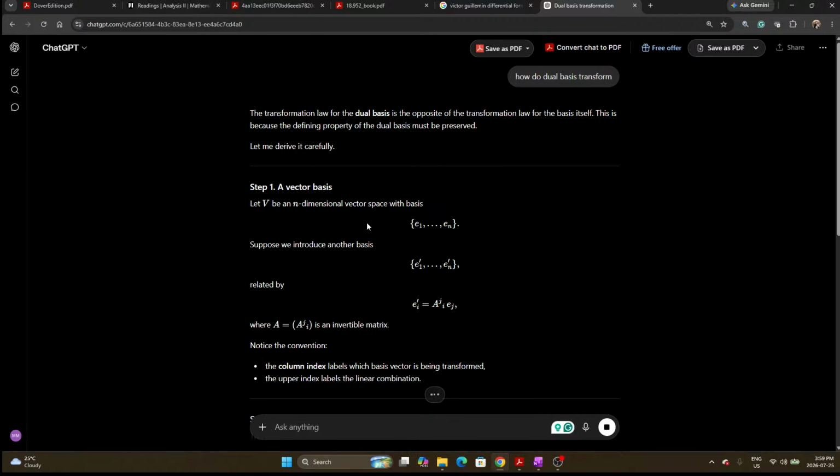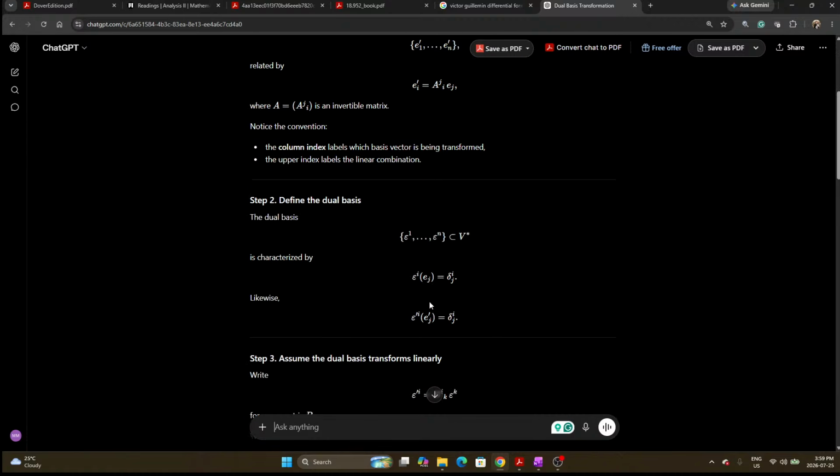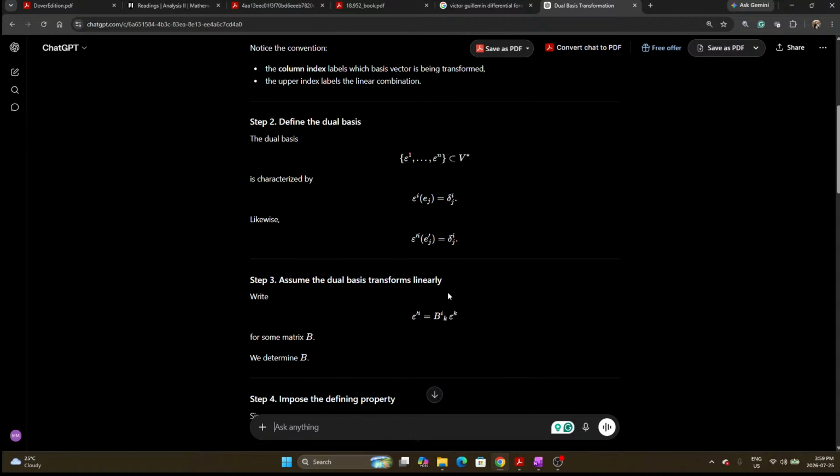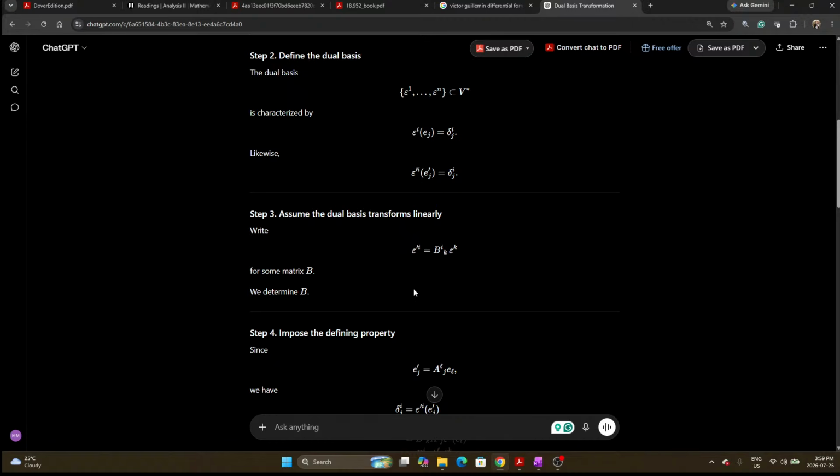It says it's the opposite of the transformation law for the basis itself. Okay. So let V be an n-dimensional vector space with these two bases. That's the transformation. And then you define epsilon, that's the dual basis. Determine B, right? Exactly. We want the new dual basis in terms of the old dual basis, right? That's the idea.